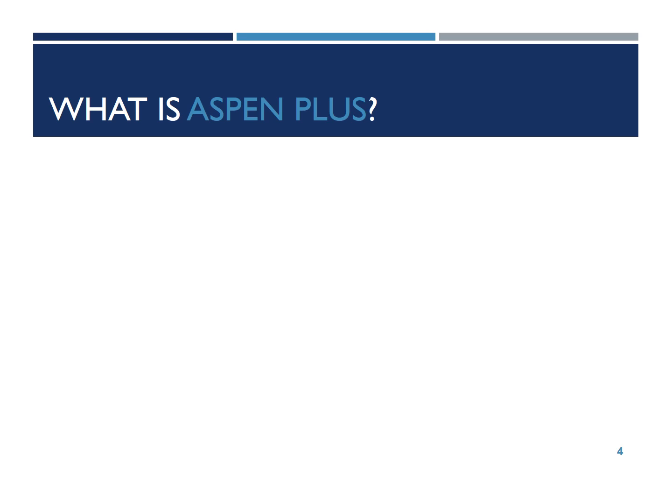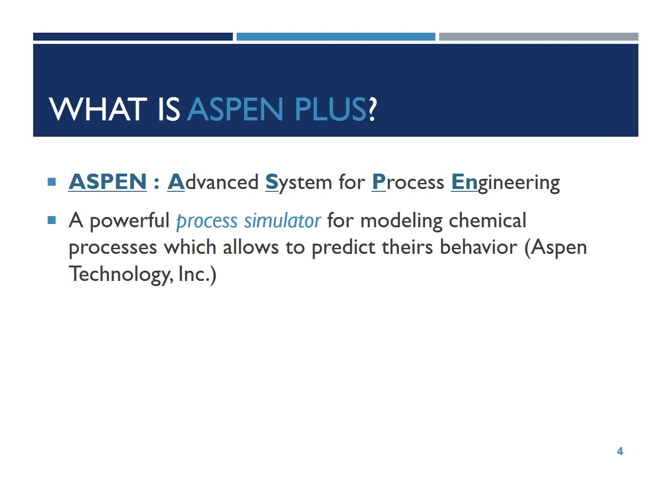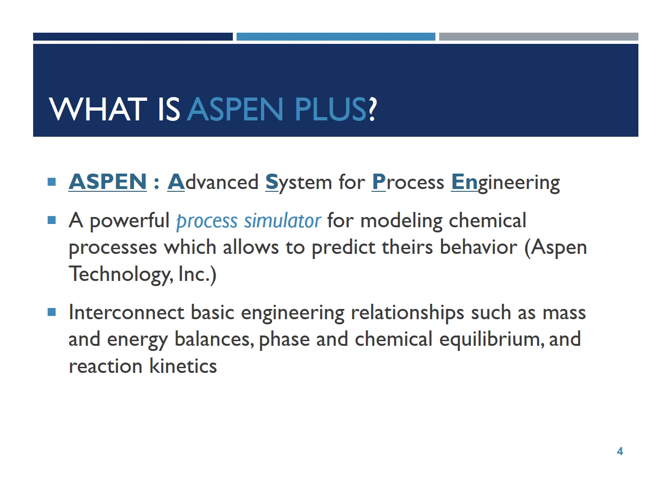So, what is ASPEN Plus? ASPEN is an acronym of Advanced System for Process Engineering. ASPEN Plus is a powerful process simulator developed by AspenTech, which is used to quantitatively model partial or entire chemical processing plants, which allows us to understand and predict the behavior of a process by using basic engineering relationships such as mass and energy balances, phase and chemical equilibriums, and reaction stoichiometry and kinetic data.